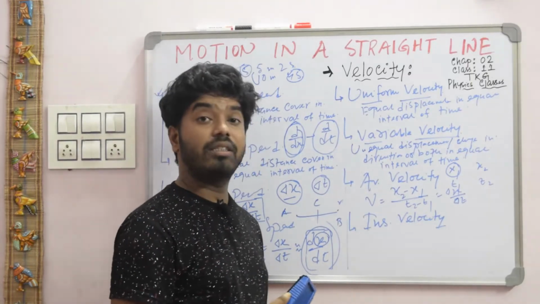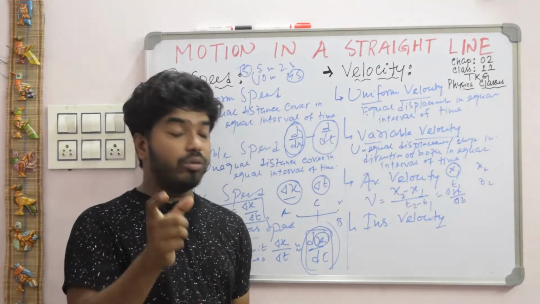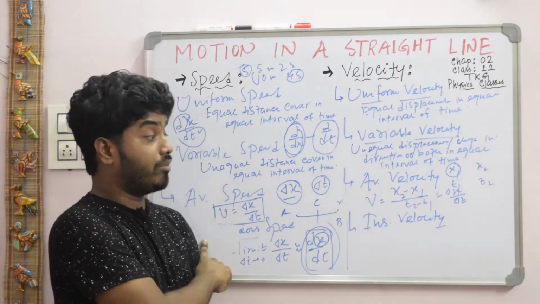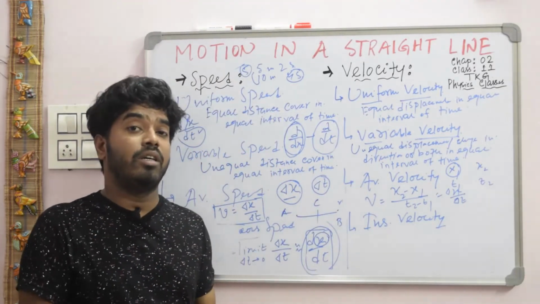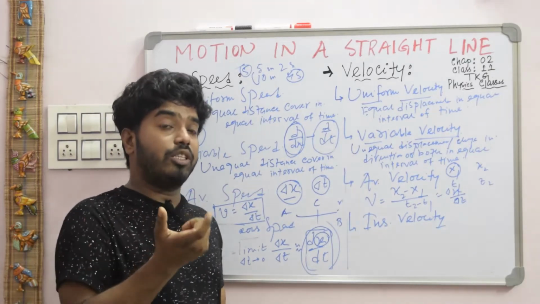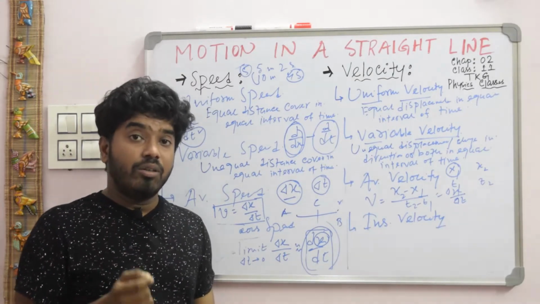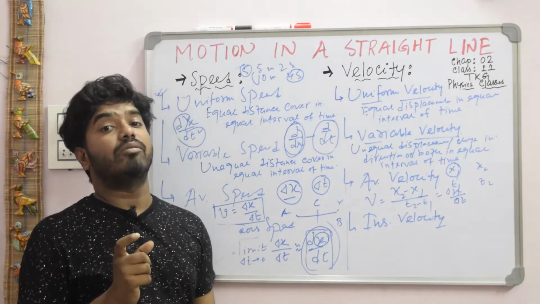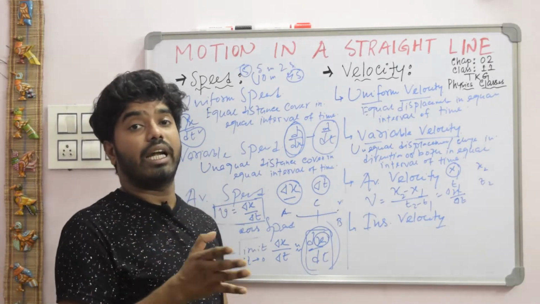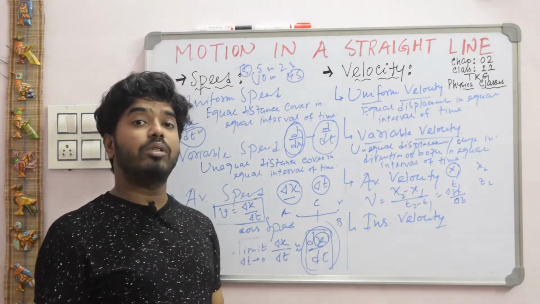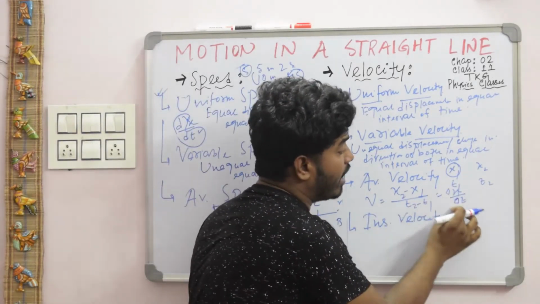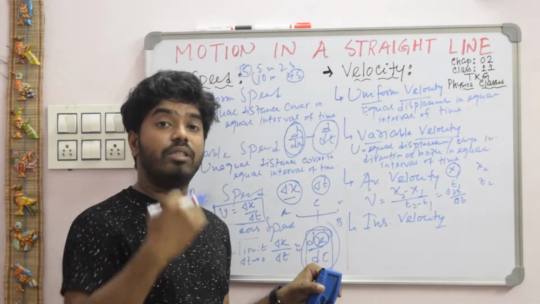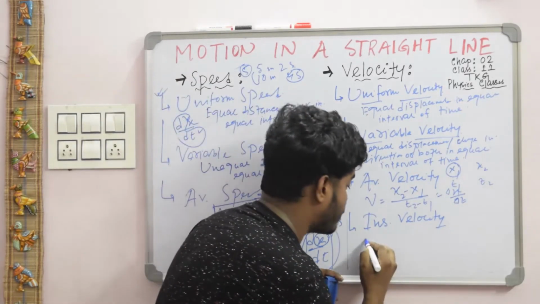Now finally, instantaneous velocity, and you know the formula. Instantaneous means at a particular instant. So a body is said to be in instantaneous velocity when we calculate the velocity at a particular position, at a particular instant. And what will be the formula related to it? Same: the limiting value of average velocity represents instantaneous velocity.